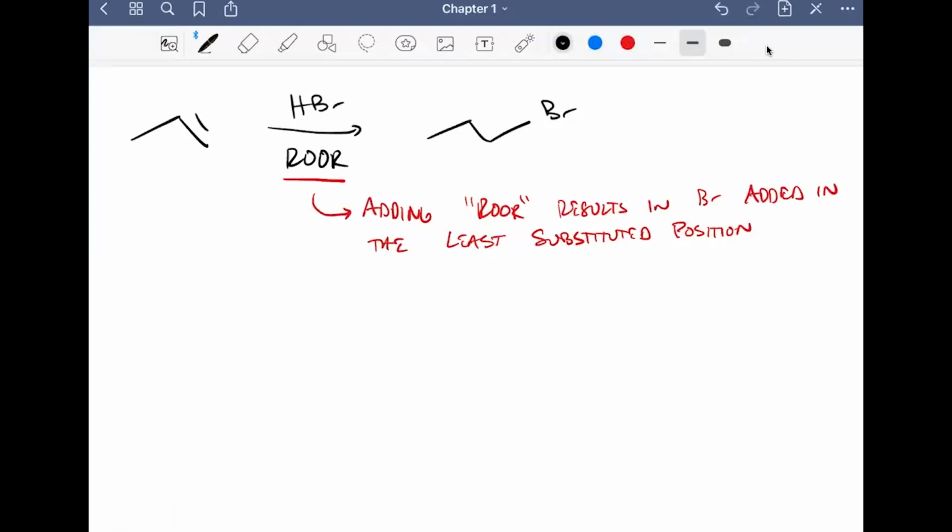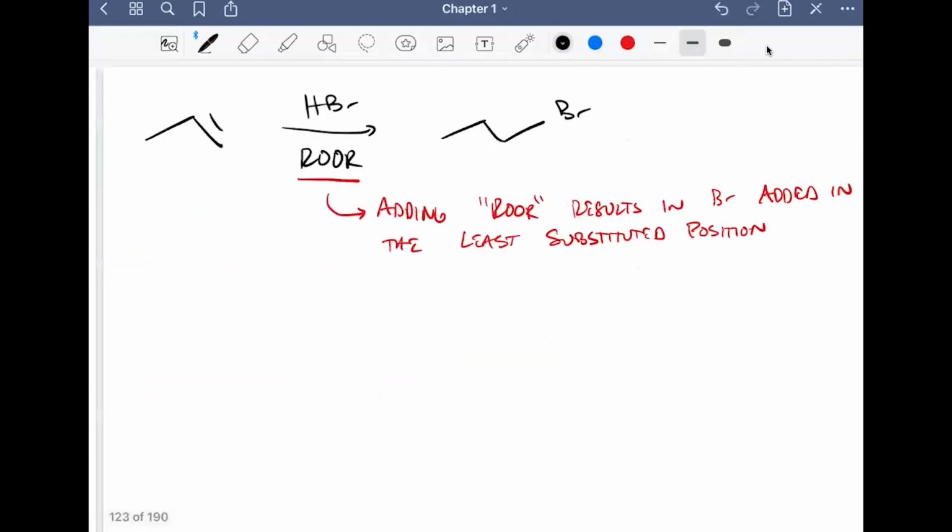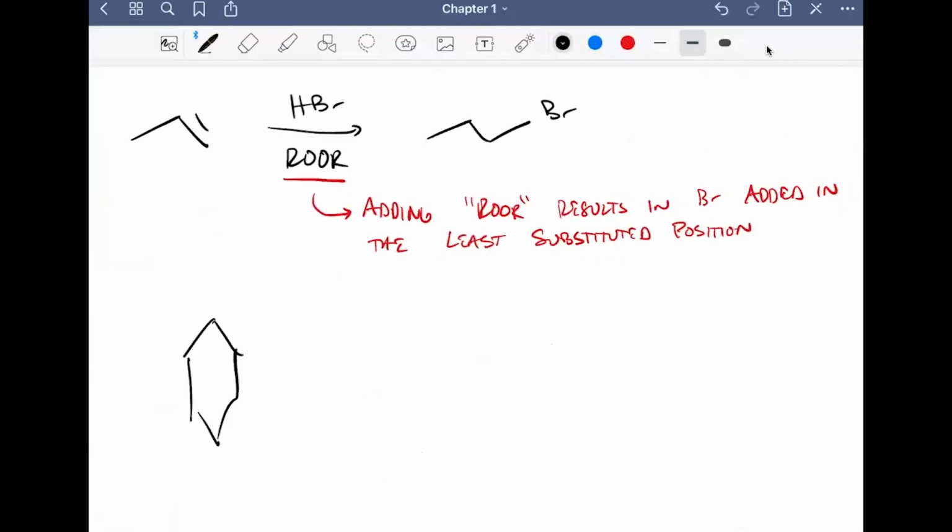If you add ROOR to the bottom of this reagent, it will then attack at the least substituted position. So for this example, let me rewrite it. Let's say we had the same example, but instead of HBr, we add this ROOR. It will then attack at the least substituted carbon.